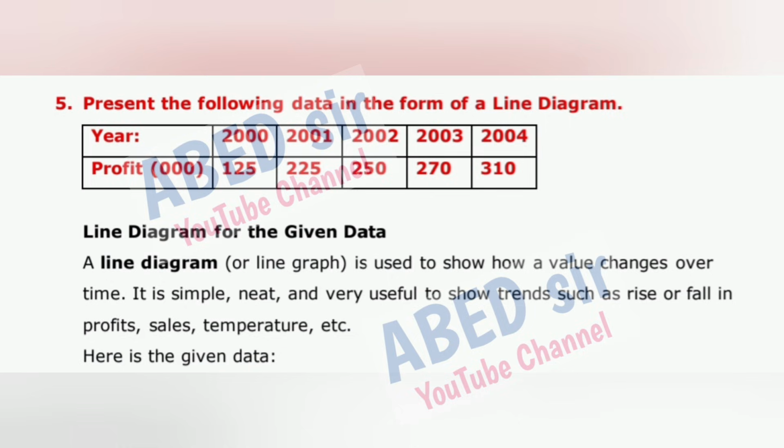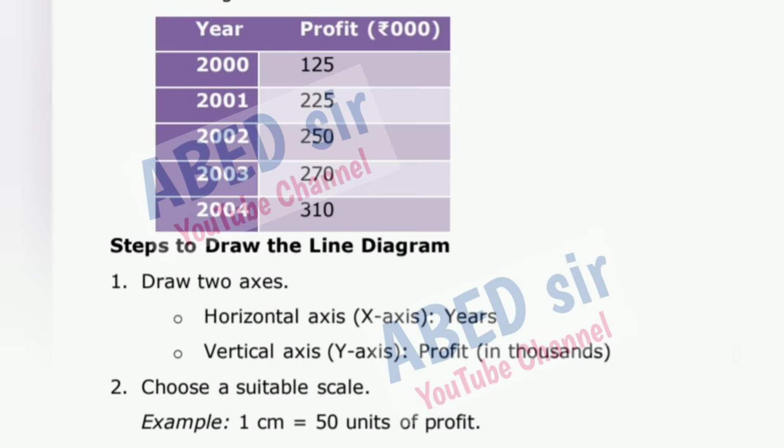Here is the given data. Year, profit in thousands: 2000, 125; 2001, 225; 2002, 250; 2003, 270; 2004, 310. Steps to draw the line diagram. 1.